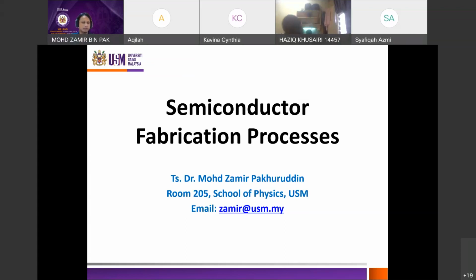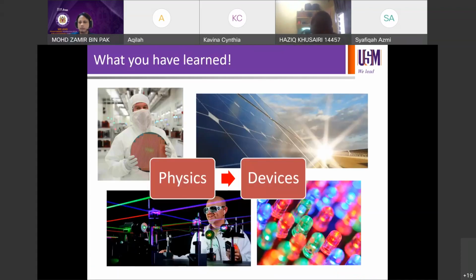So this is ZAT487, as you know it, semiconductor fabrication processes. Let's recap. In the last semester, you learned about the physics of semiconductor devices, where you learned all the fundamentals, the theories behind the physics of semiconductor materials and physics of devices.